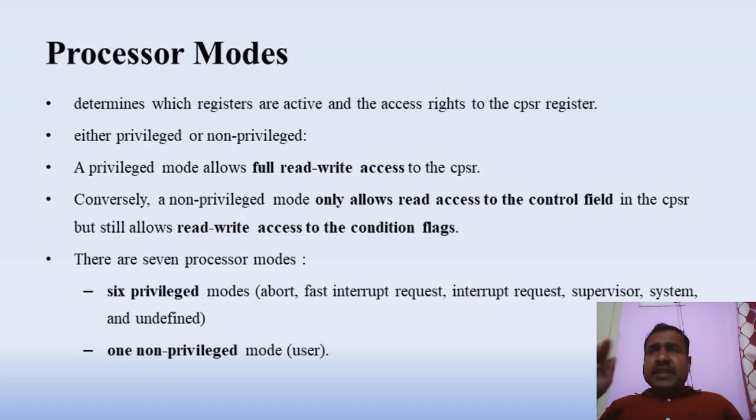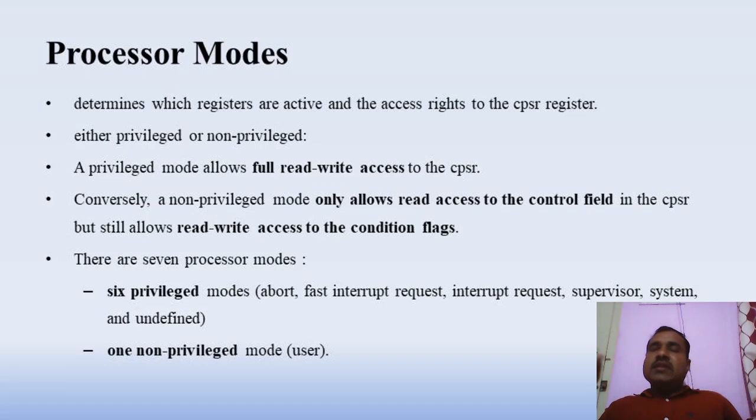A privileged mode will have full read and write access to the CPSR, while a non-privileged mode will only have read access to the control field but still have read-write access to the flags. So in the non-privileged modes, we cannot write into the control fields. We can just read them.